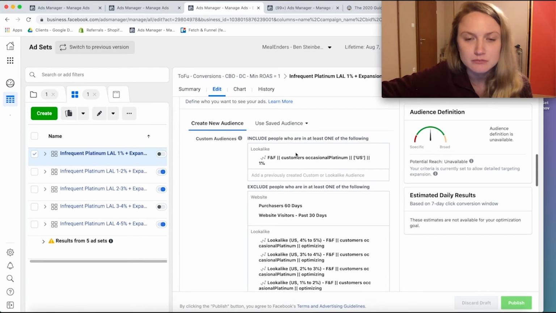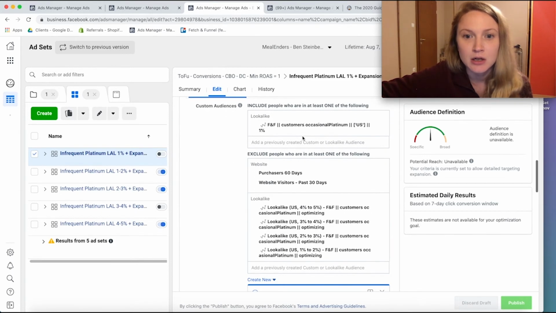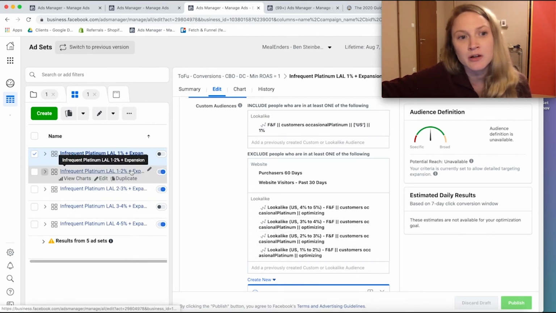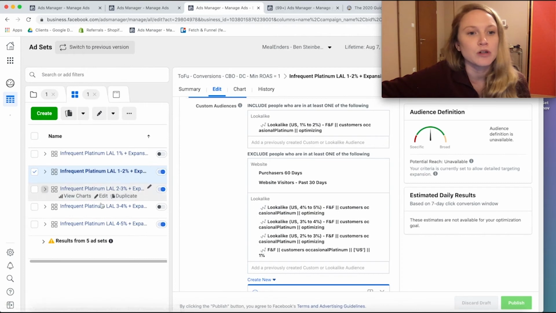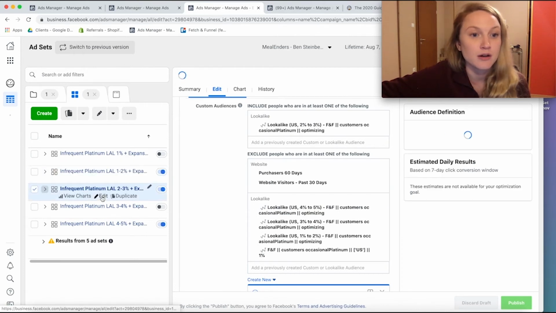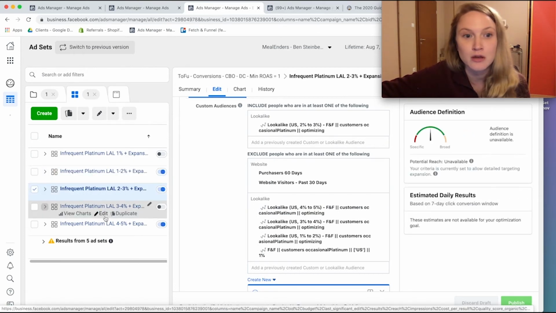Cool. So you can see here we have this 1% set up, and we are excluding all of the other ad sets that we are targeting just so that we make sure we don't get that audience overlap. Here again, 1 to 2, and then we are excluding everything that isn't that 1 to 2, and so on and so forth.